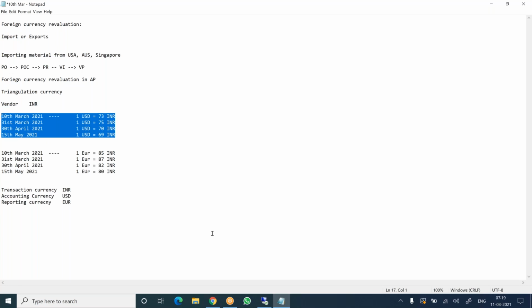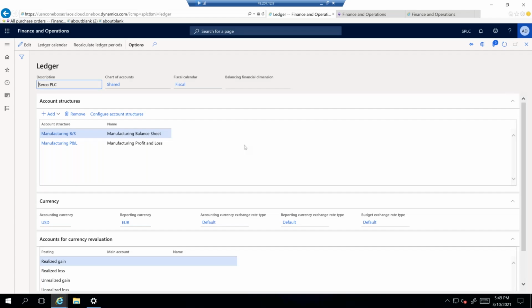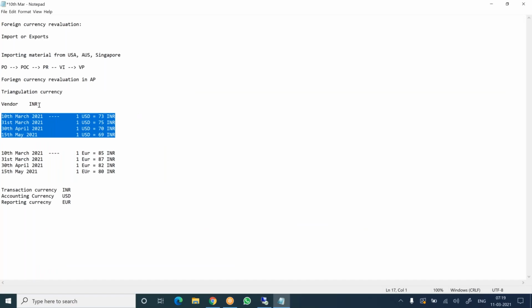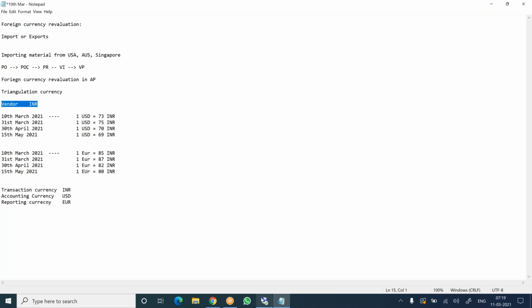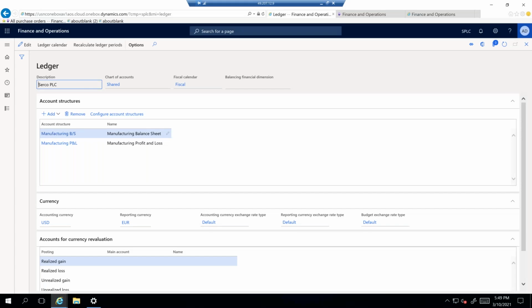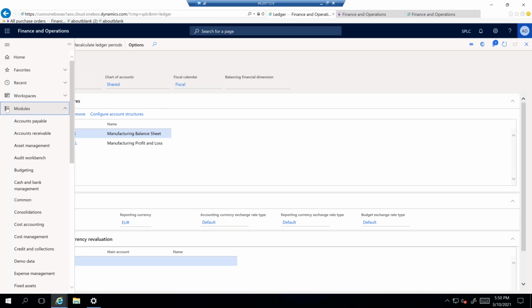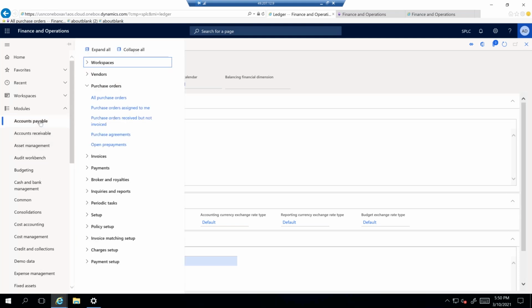Now in SPLC, the accounting currency is US dollars and the reporting currency is euros. I will create one vendor with INR. So USA is importing from India, maybe some raw material or medicine. Let me create one vendor with INR.